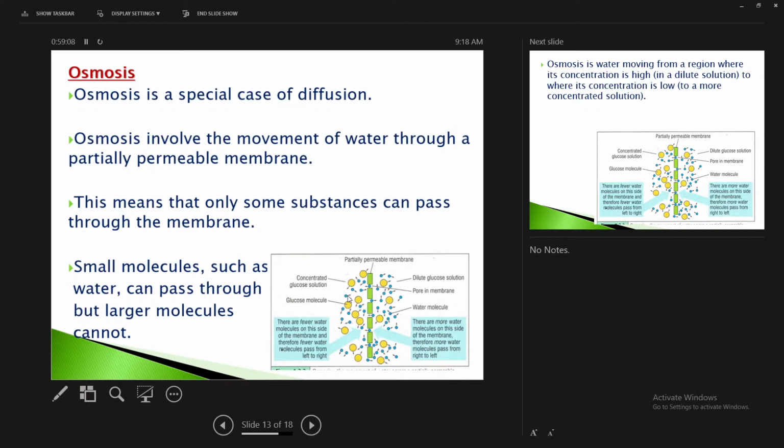So there's a difference of three. Right there you can say that a concentration gradient exists. The fact that you have inequality between the two sides simply means that diffusion must take place until they are evenly distributed.